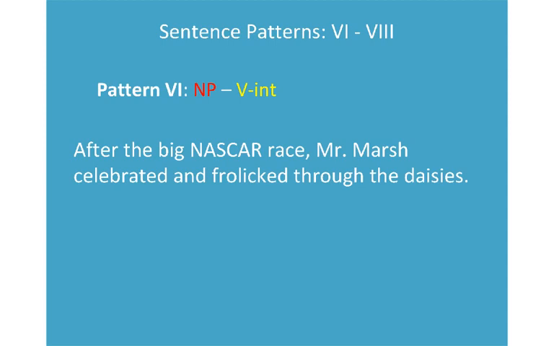Mr. Marsh is our noun phrase, and then celebrated and frolicked through the daisies. This whole thing is our intransitive verb, and really the intransitive verbs here are just celebrated and frolicked. That's it, but he's giving us an adverbial phrase or a prepositional phrase here that's giving us more information about how he celebrated and frolicked.